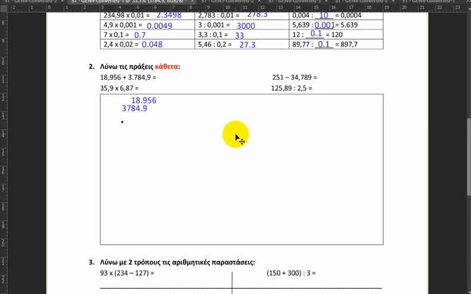And the result here is going to be a 3, an 8, a 0, a 2, and a point, an 8, and a 5, and a 6. So 3,000, these should be commas.